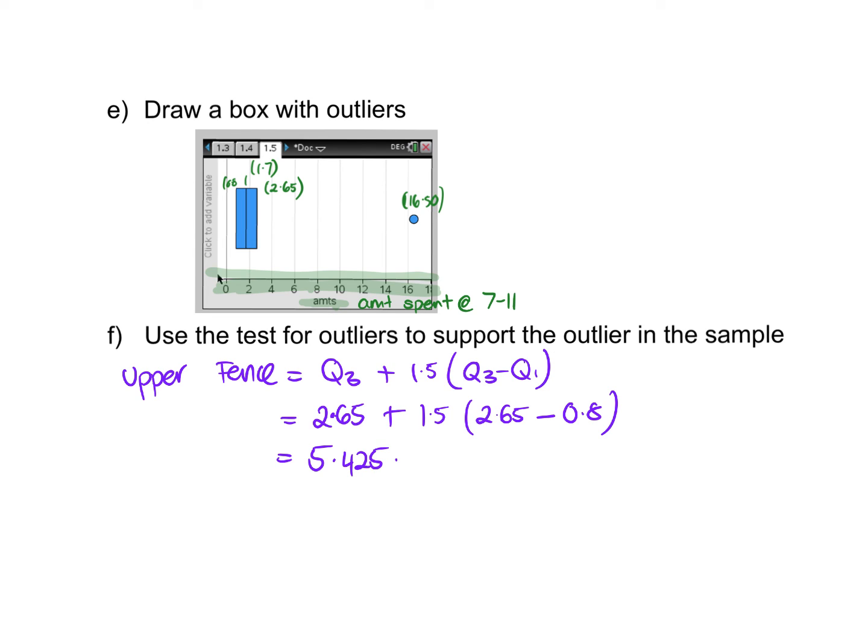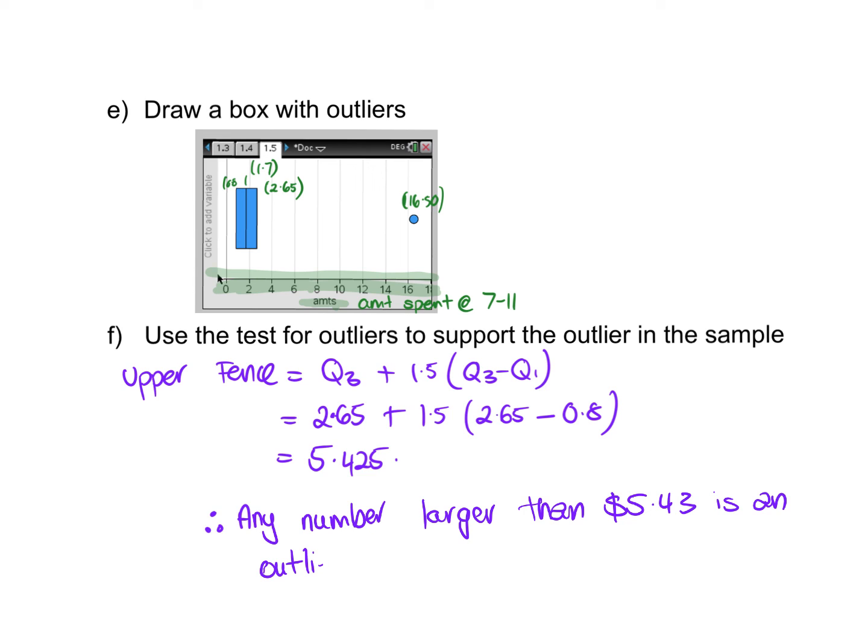So therefore, any number larger than, we'll say, $5.43 is an outlier. Okay, so you can write that statement.